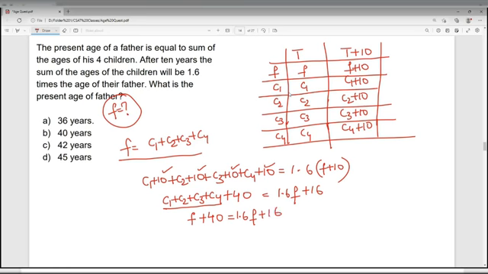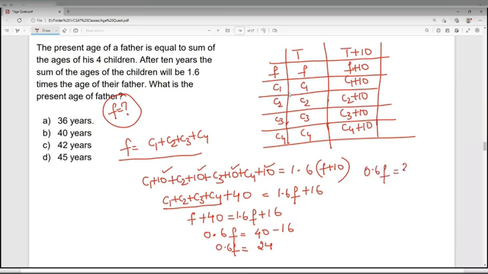And then if you bring this F here, this will become 0.6F. And if this goes that side, 40 minus 16 is equal to 24, and 0.6F is equal to 24.